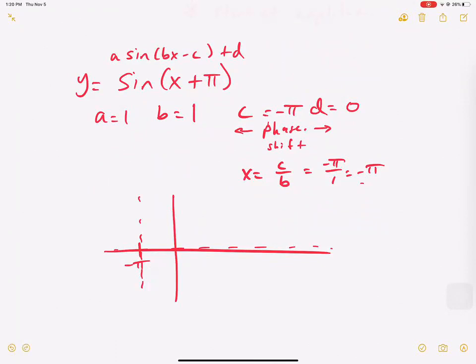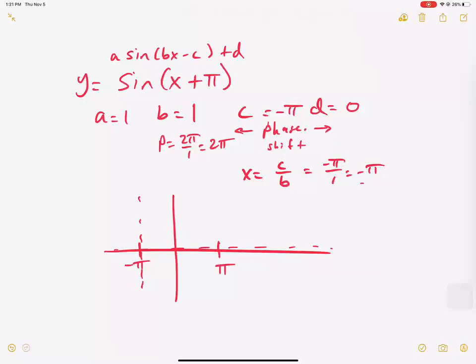Now that we pulled our bow back, our b value helps us find the period, 2 pi over 1. That means we have to end 2 pi away from where we started. If we start at negative pi, 2 pi would take us to pi.